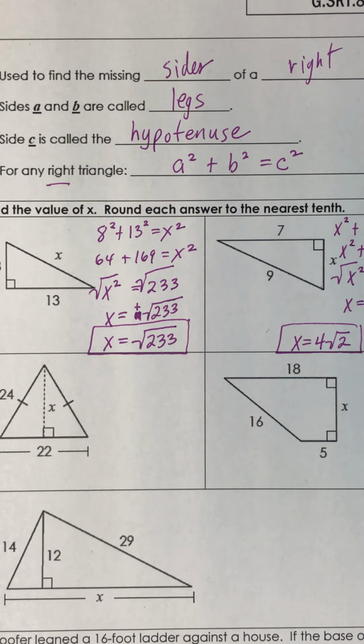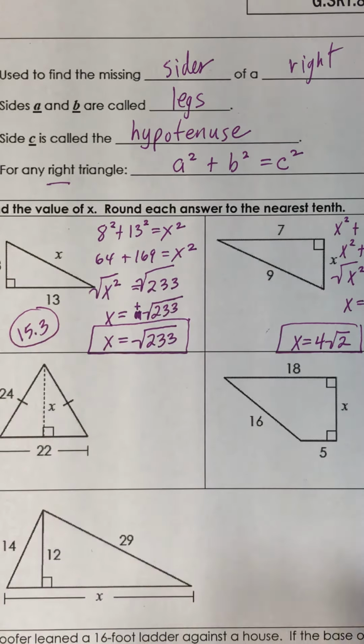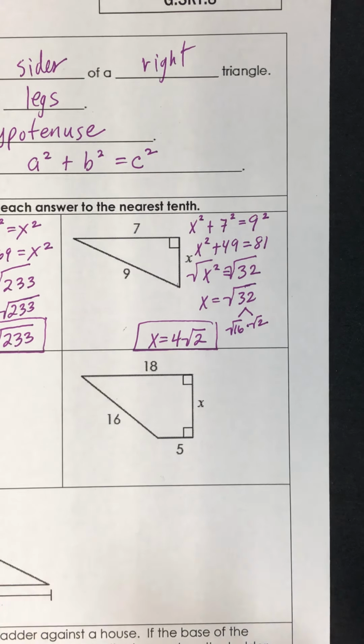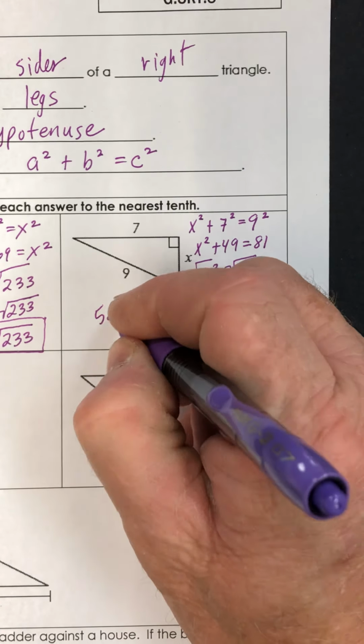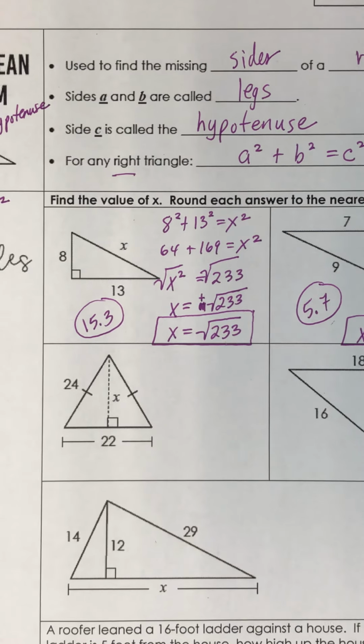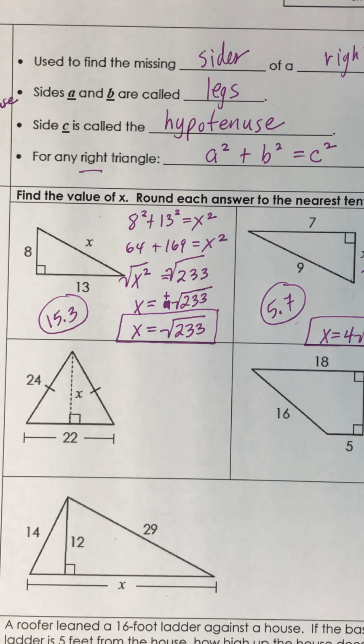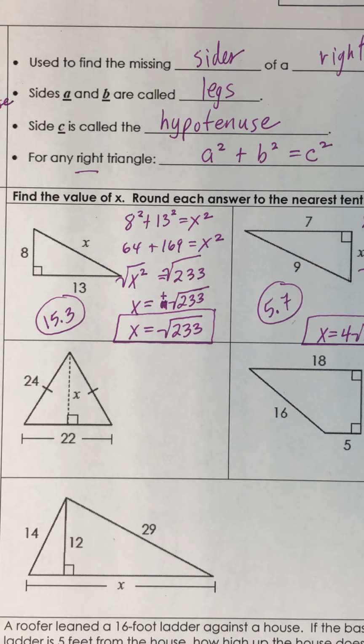That is 15.3 to the nearest tenth. 4 square root 2, which is the square root of 32, should be 5.7. If we were trying to find the actual length of something, then you would use the decimal answer. But I'm also showing you, depending on the instructions, leaving it in simplified radical form.